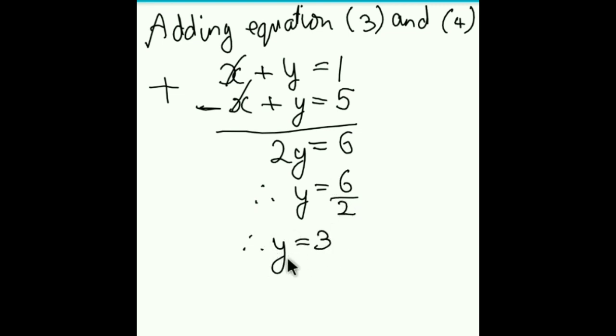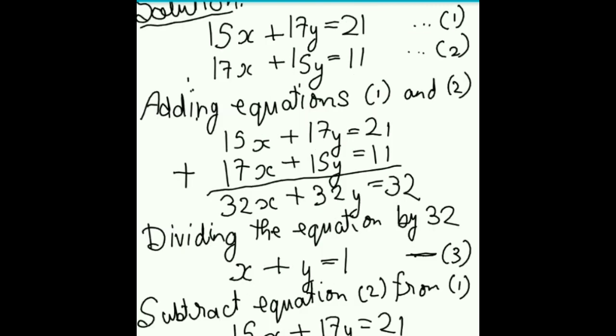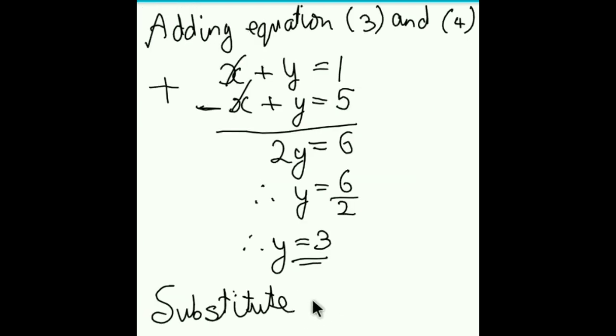This is the value of y. Now we will substitute this value in equation 3, x plus y is equal to 1. Substitute y equal to 3 in equation 3.